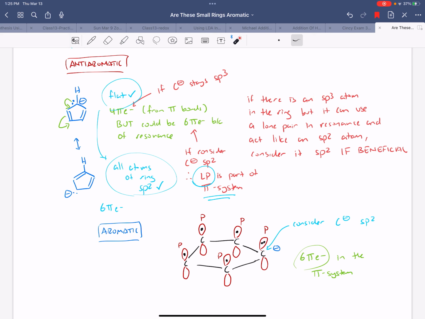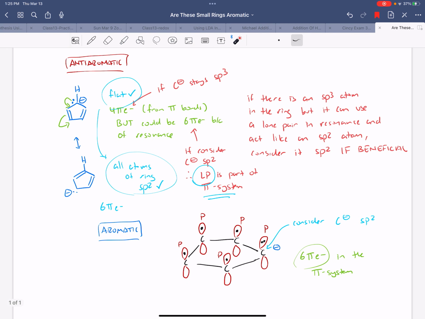Now, before we go to the next example, because this rule we'll see again later, this situation occurs when you have an atom with a lone pair that could be part of the pi system. Whether you consider that sp3 or sp2, and then you have to decide, well, am I going to get a Huckel number if I include that lone pair?